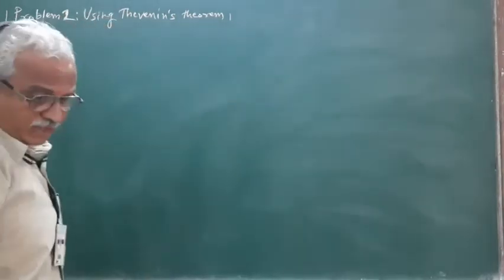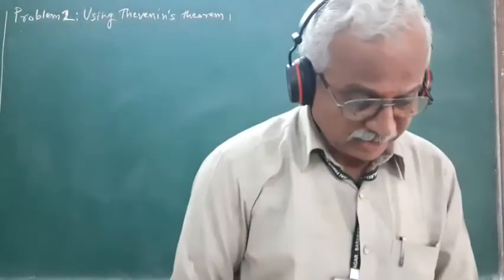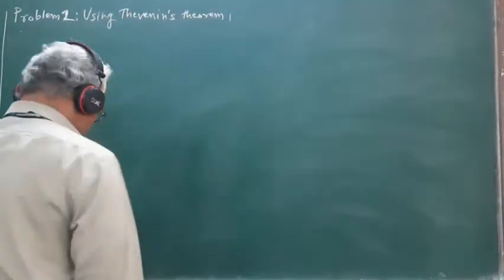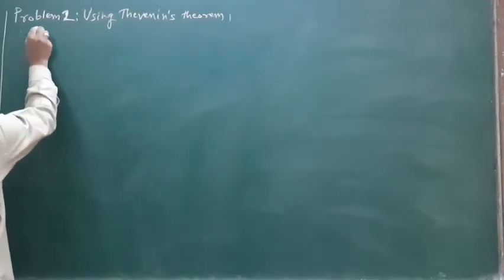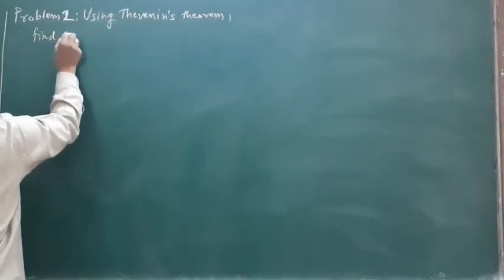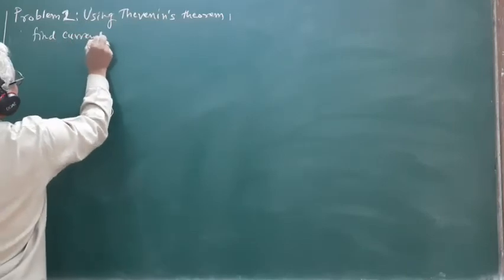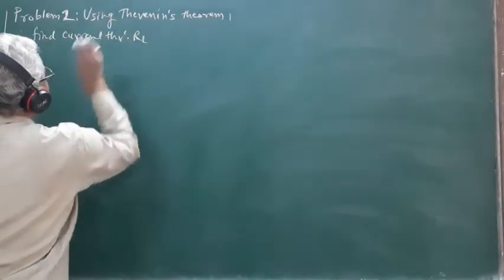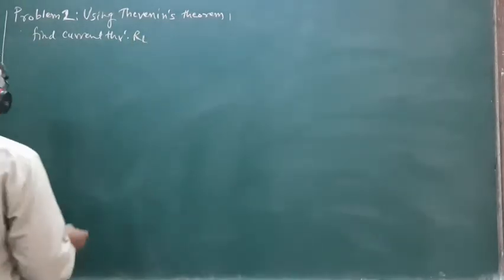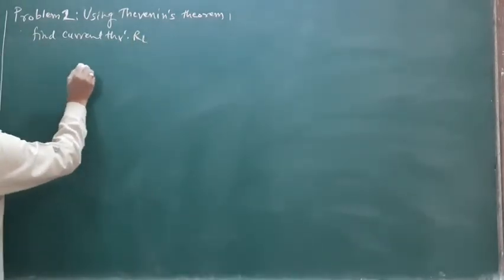Using Thevenin's theorem, we have to find the current flowing to this load resistance of the network, say like this.